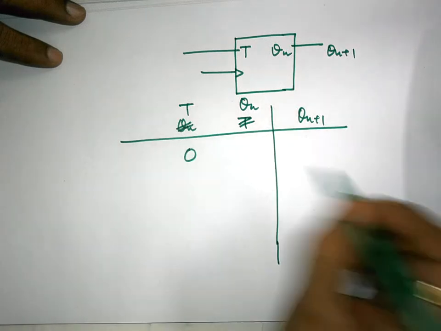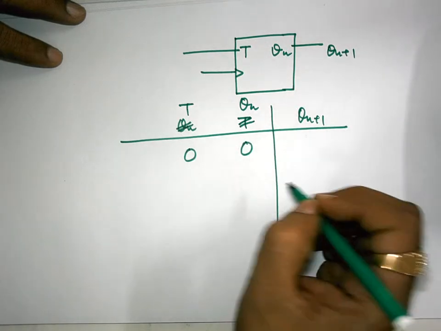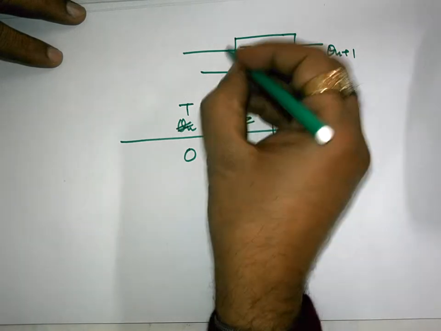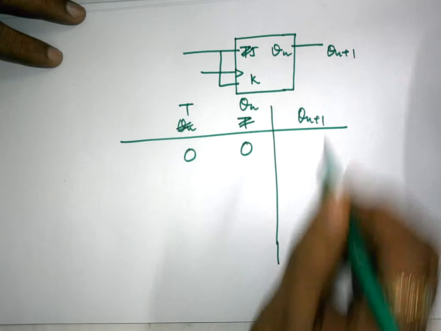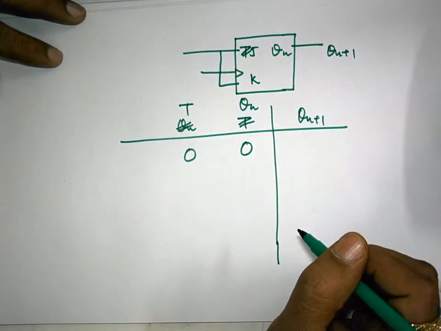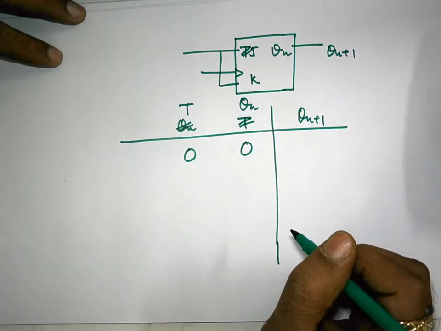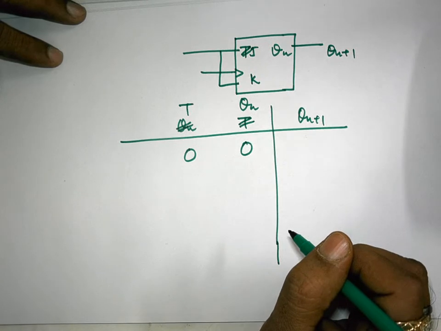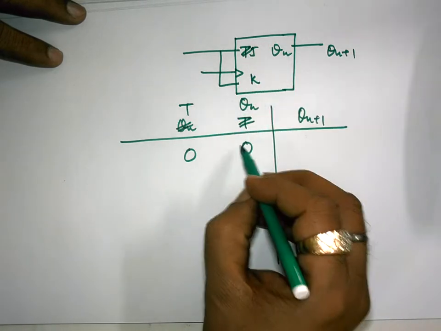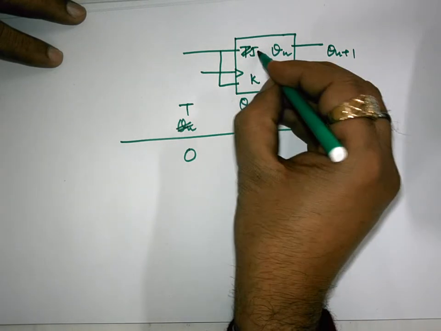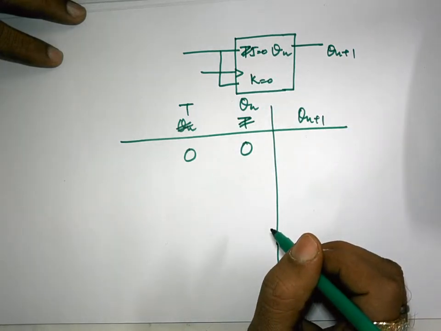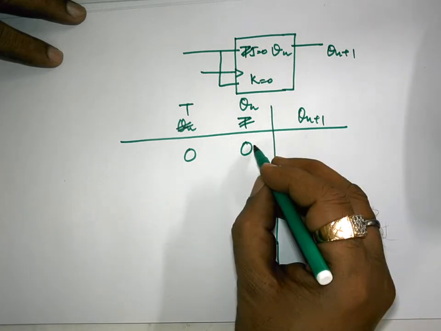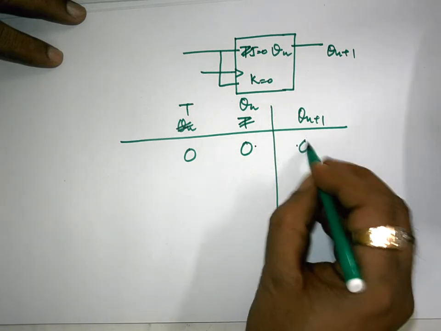If T was 0 and Qn was 0, in fact it is a JK flip flop where both the inputs are tied together. This way we call it a T flip flop. So if T equals 0, this means J is 0 and K is 0, and when J is 0 and K is 0, no change is observed at the output. This means this 0 remains 0.